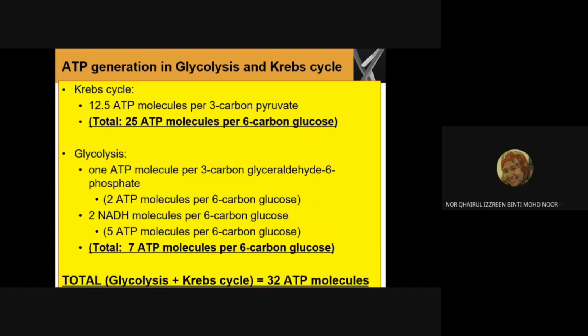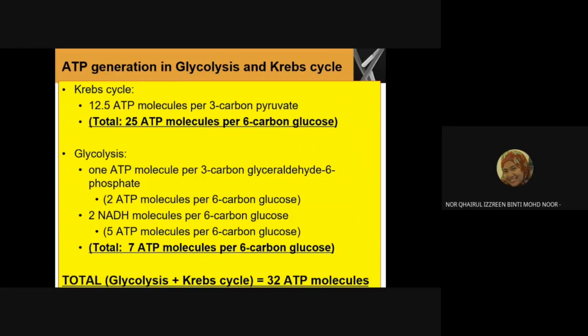So for ATP generation in both glycolysis and Krebs cycle, it will produce 25 ATP molecules per 1 6-carbon molecule of glucose. In glycolysis, 1 ATP molecule per 3-carbon glyceraldehyde 3-phosphate.